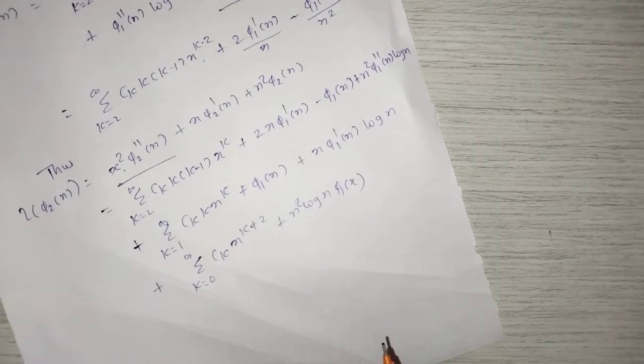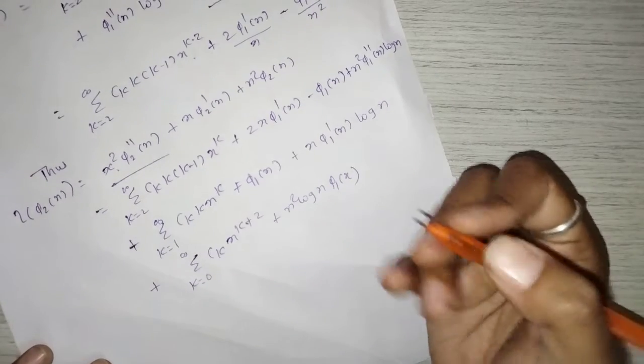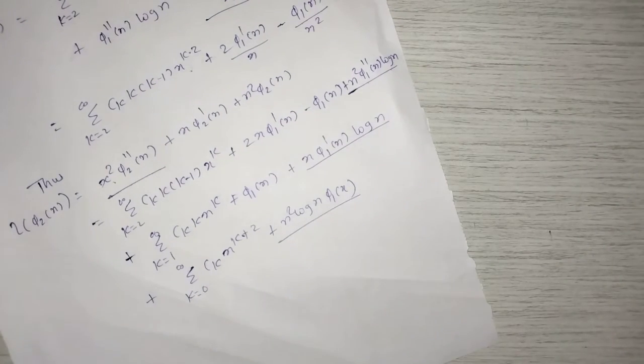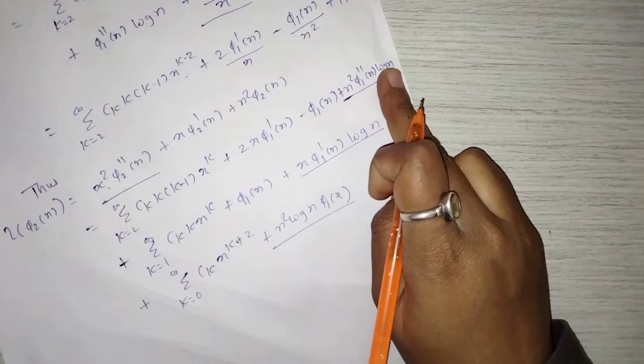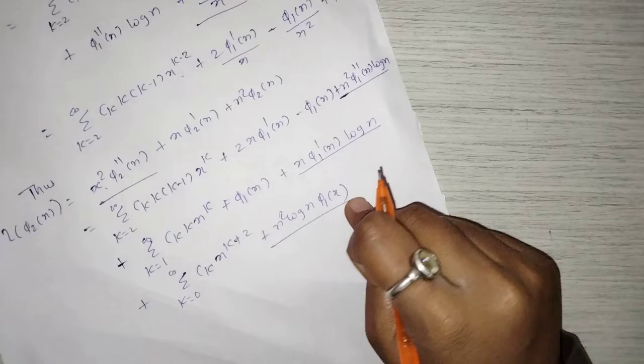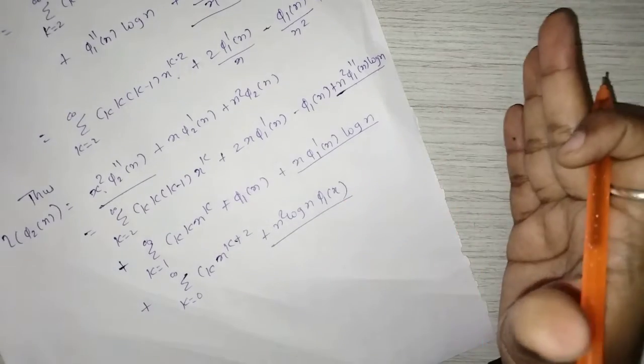Okay. Now here you can see that log x we can take common. We get x square phi 1 double dash of x plus x into phi 1 dash of x plus x square phi 1 of x, and log x outside.